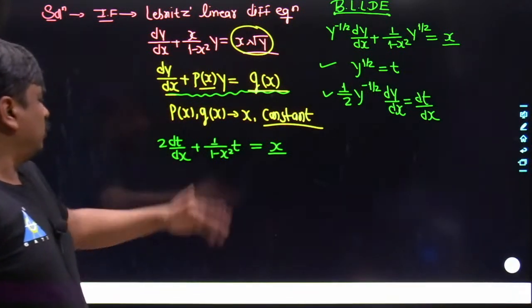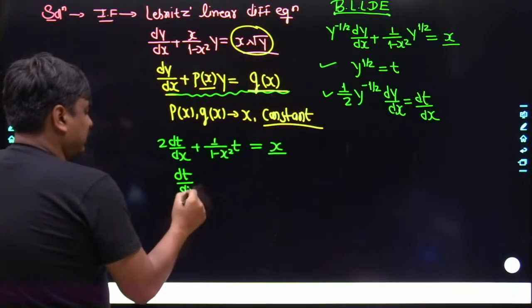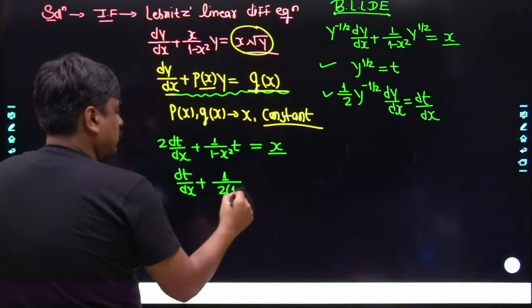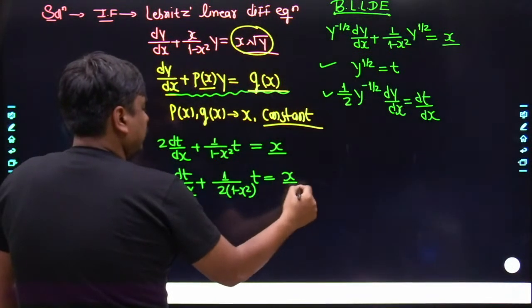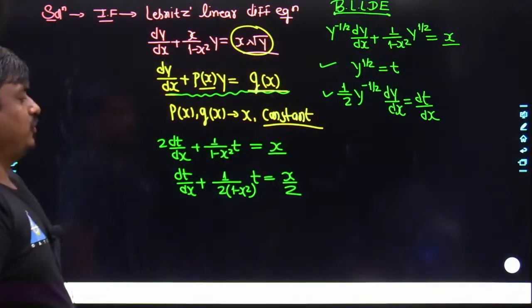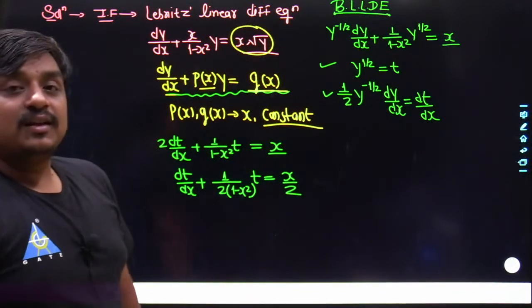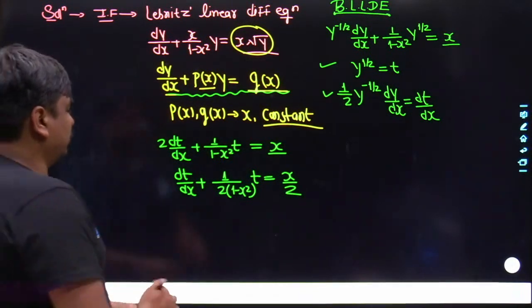Now the 2 can be shifted, and here we get the result as dt by dx plus 1 divided by 2 times 1 minus x square, here goes t, and here goes x divided by 2. Now as we were interested in finding the integrating factor, how do we get it?